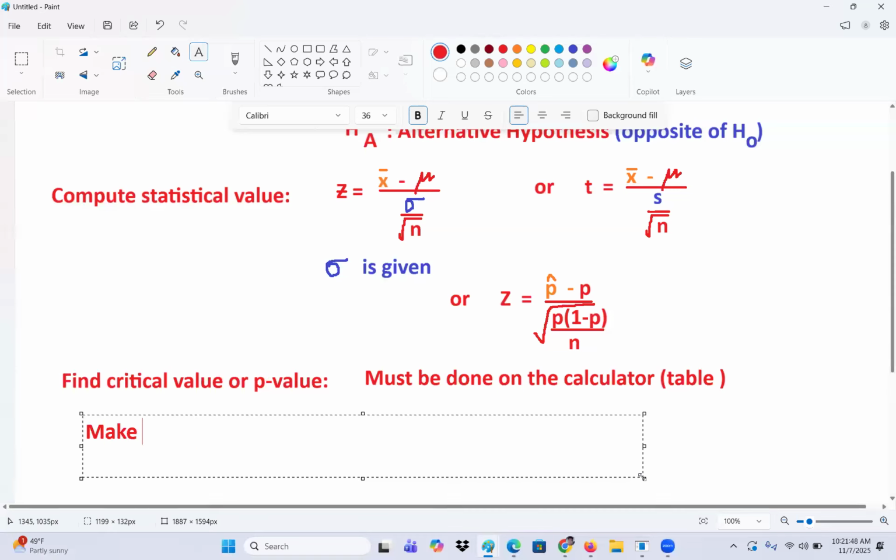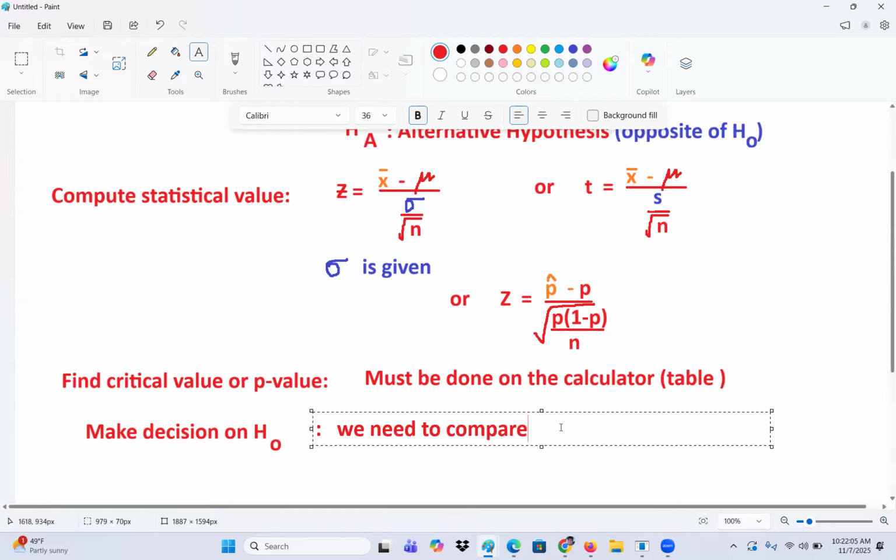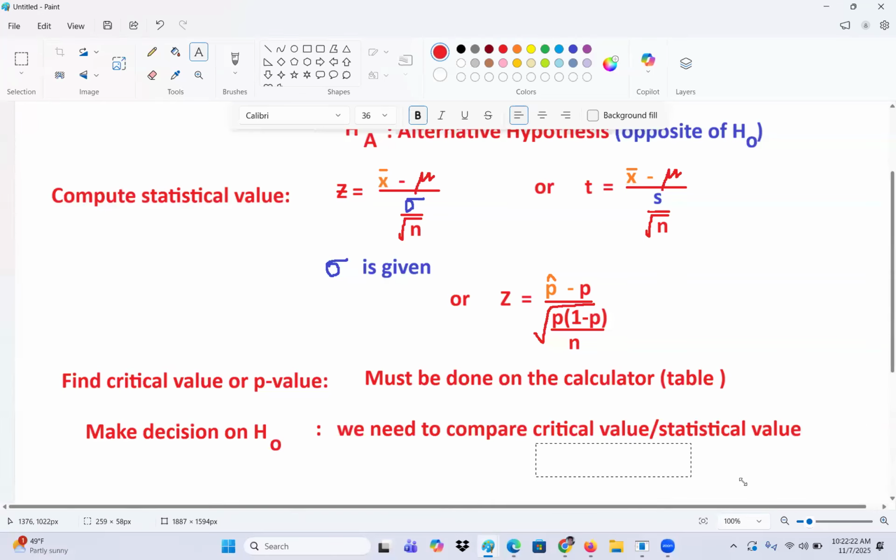This is whether we compare critical values with the statistical values, or find p-values and compare with the significance level.